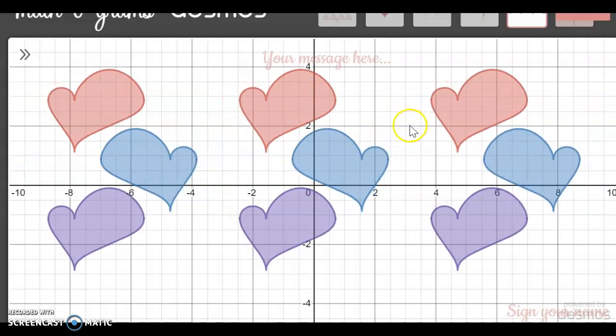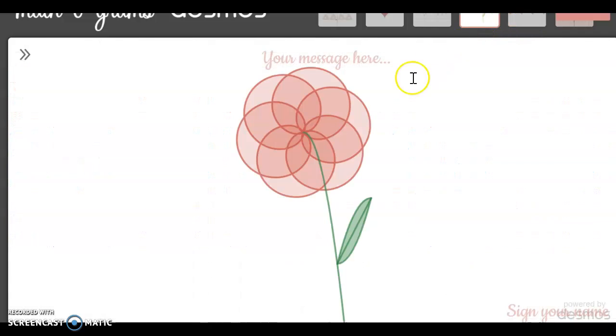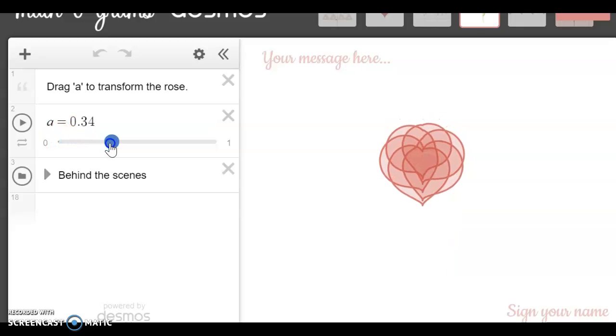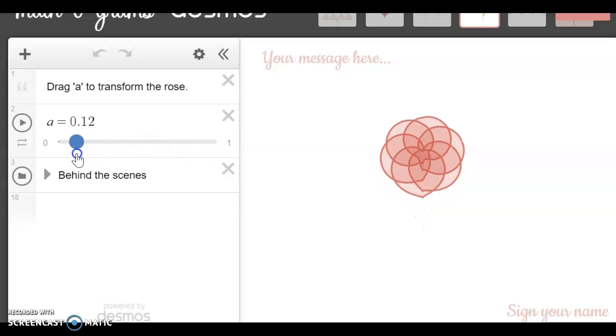So if you want to impress your Valentine, you can impress her with some cool shapes like this or this. Okay, and let me show you that this is all math. Look at that, you could change that flower into a heart.